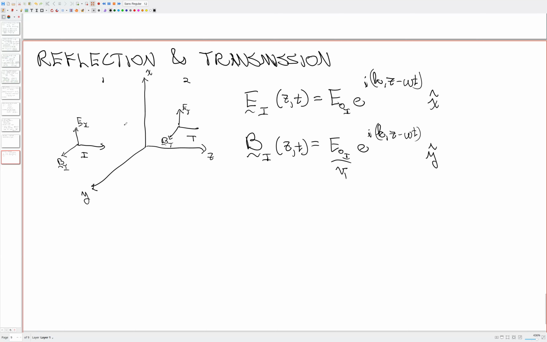There's going to be a reflected wave, which will propagate the other way. And here, just as a matter of convenience, we do it this way. So this is going to be the E reflected and the B reflected.